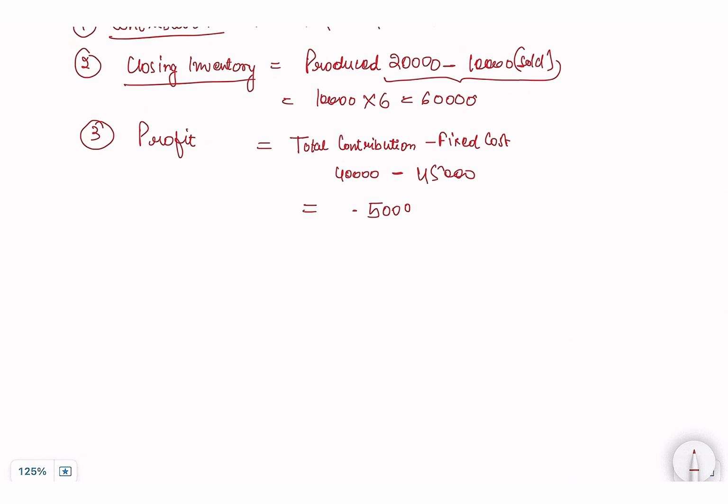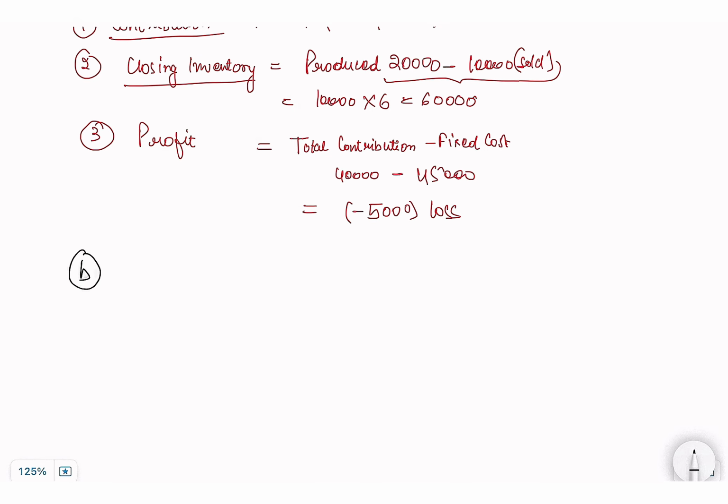So now what we will do, the second step, is when sales is 15,000. Similarly, we have to solve this. Okay, goldies.